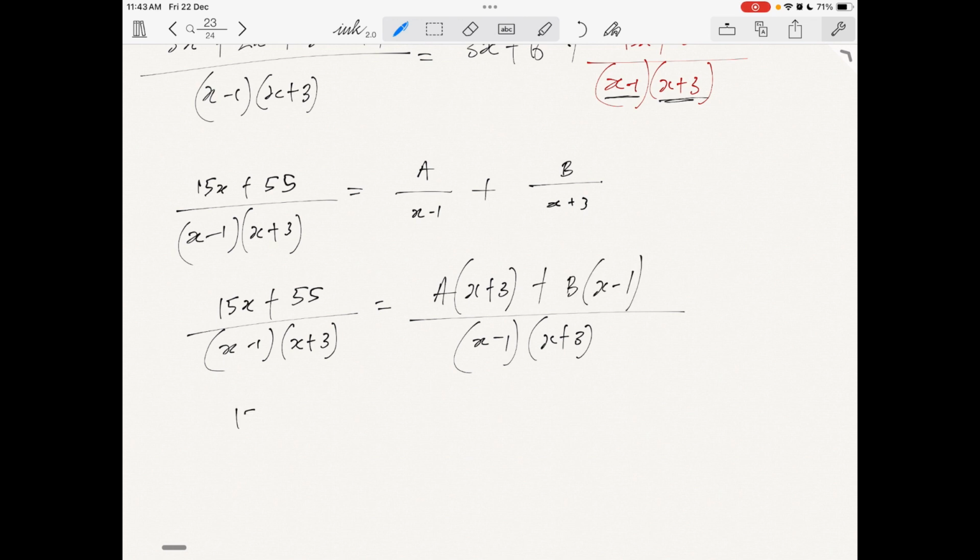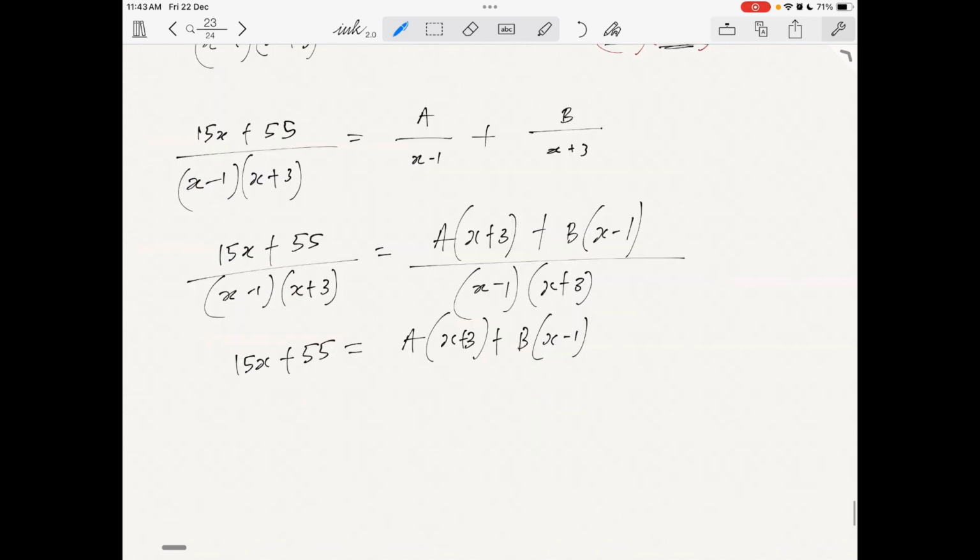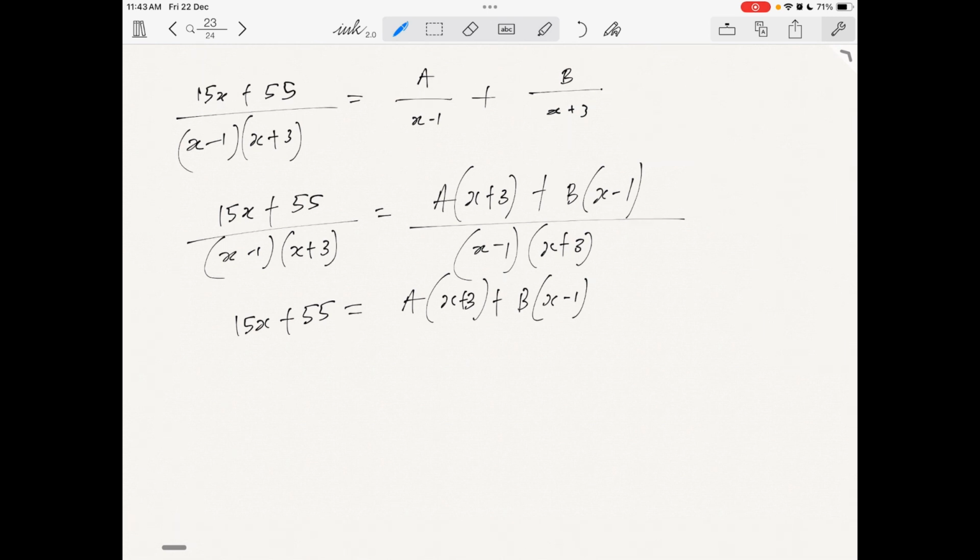So we can use the cover up method here instead of comparing coefficients.